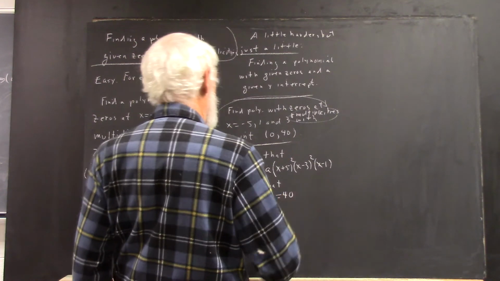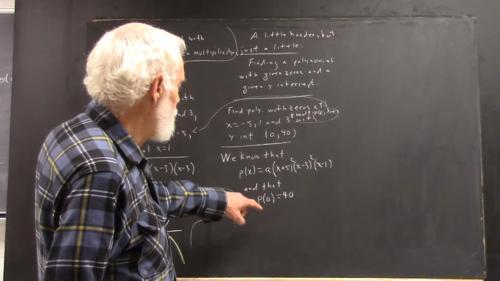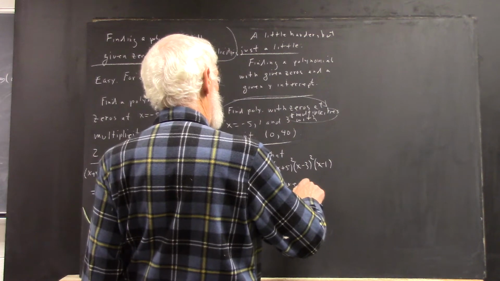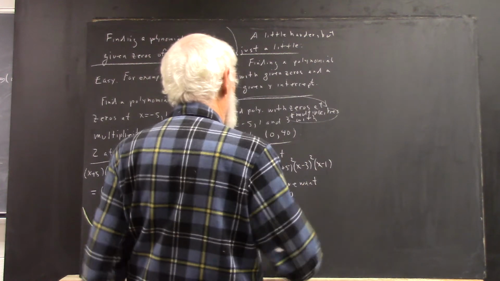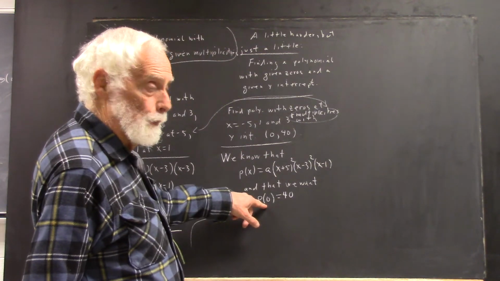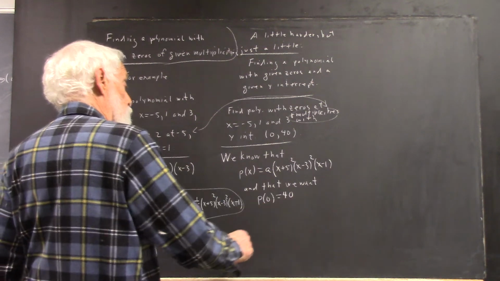Almost wrote 15 again. So we know that P of x is this, and that we want the y-intercept to be 40. The y-intercept is what you get when you evaluate the polynomial at 0. So P of 0 is 40.